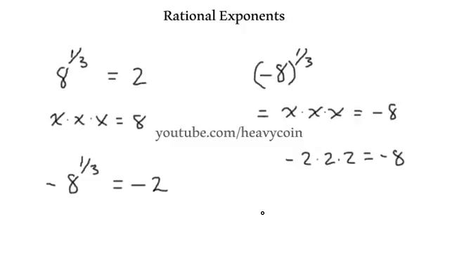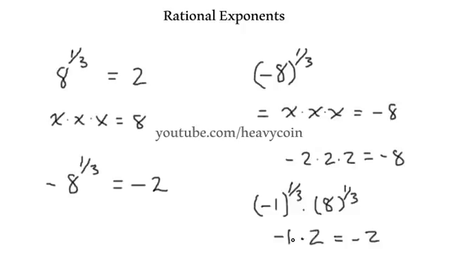So I can break this up into negative 1 raised to the 1/3 times 8 raised to the 1/3, which is not necessary to put that in parentheses, but negative 1 to the 1/3 is just negative 1, and 8 to the 1/3 is 2. So we end up with negative 2.